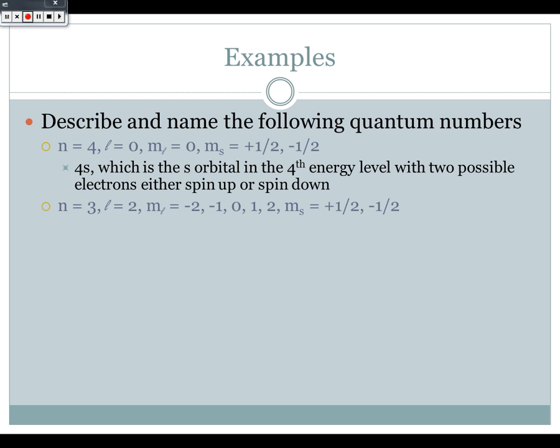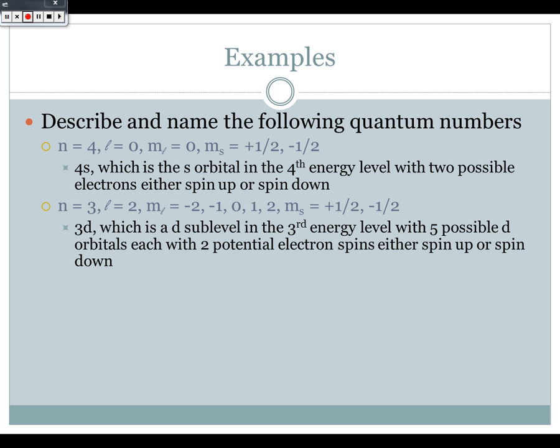If n is 3, l is 2, m sub l is negative 2, negative 1, 0, 1, or 2, m sub s is plus a half or minus a half, we're talking about a 3d orbital, because it's l equals 2, a d sublevel in the 3rd energy level with 5 possible d orbitals, each with 2 potential electron spins. Okay? Or we could give values for different orbitals.